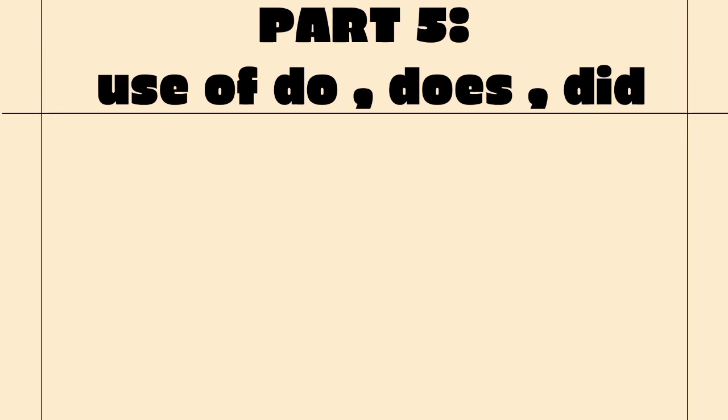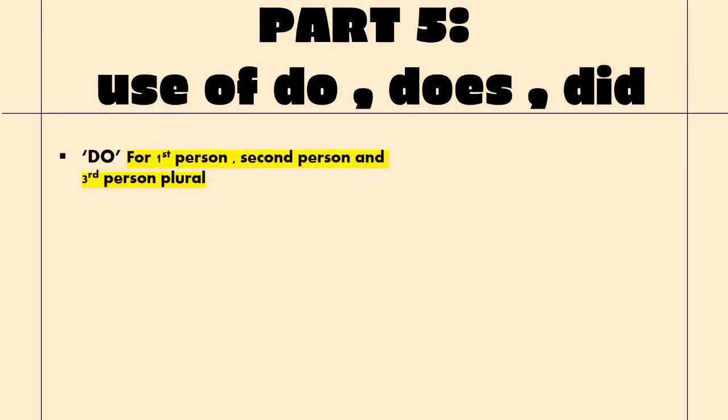Now moving ahead, we will discuss the use of do, does and did. Do is used with all the first person, either they are singular or plural, all the second person and third person plural. So, which is missing? Only third person singular.